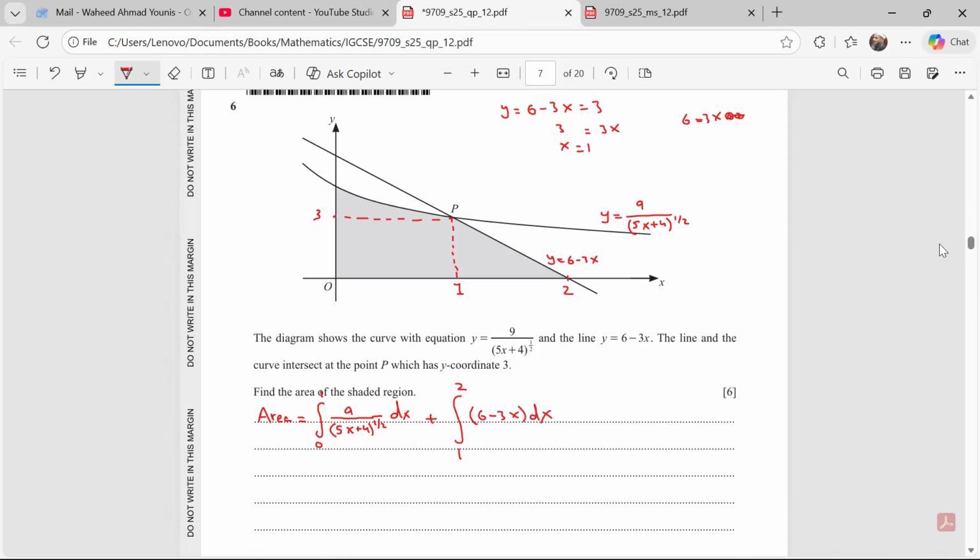These integrations will give me the area under the curve of all of the shaded region. So this is how we get the area of the shaded region. This is question number 6.